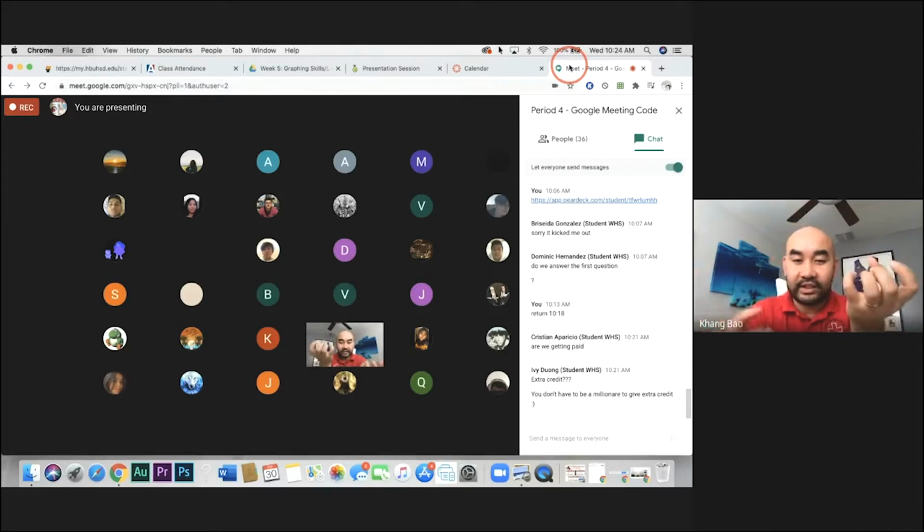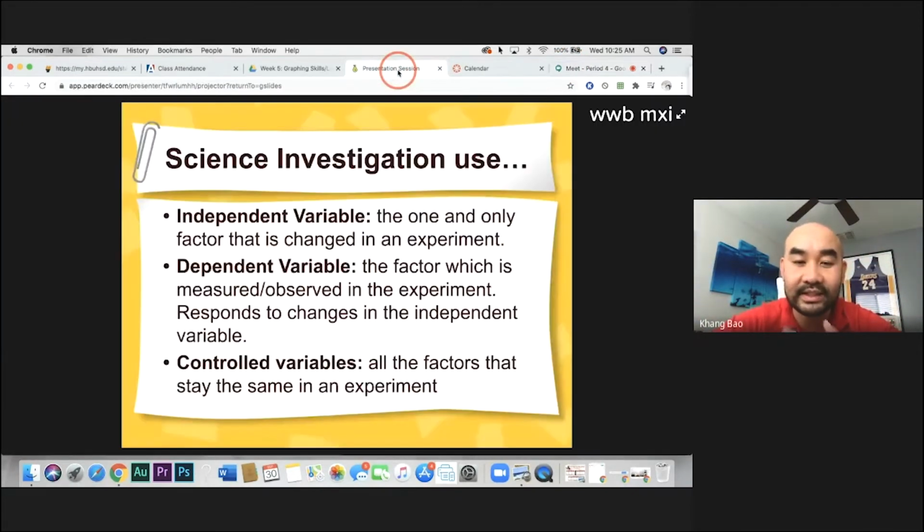And brushing teeth or no brushing teeth is the same me. Maybe I go to the same location for both tests. Maybe I wear the same clothes, because sometimes if you wear different clothes one day and another day, it might change that result. So I want to keep it the same. So what does control variable mean? Things that stay the same.